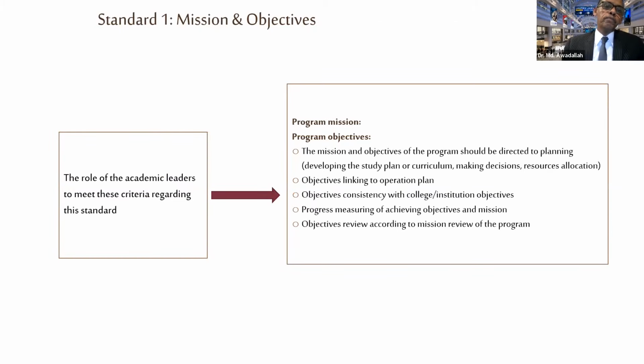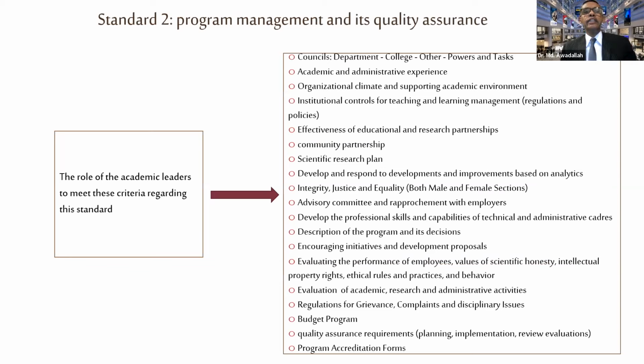If we go to the NCAAA standards, we find that also the role of the academic leaders is to meet these criteria regarding the mission and objectives. Also, he should focus on the program mission and the program objectives, and on program management and quality assurance.